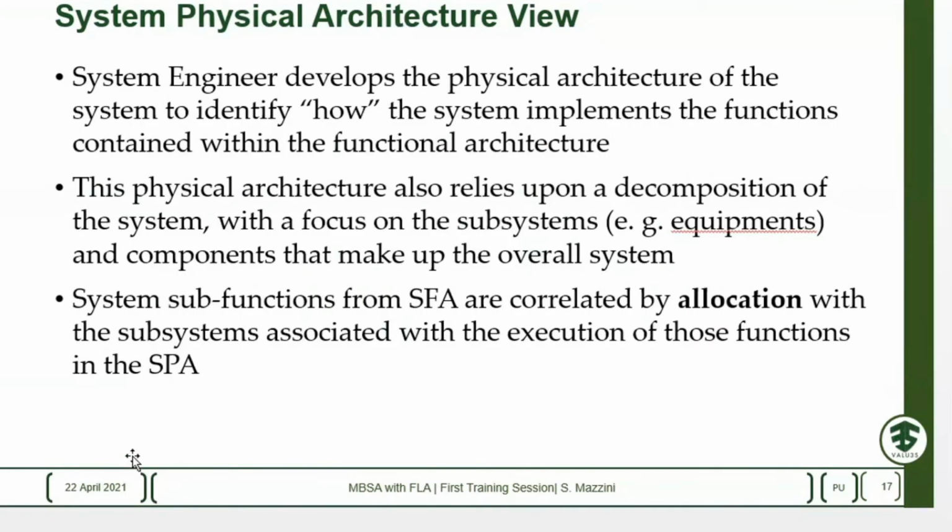The physical architecture then can be defined in a similar way, considering how the system implements the functions, and relying on the decomposition of the system with focus on the physical subsystems, for instance, equipment and components that make the overall system.